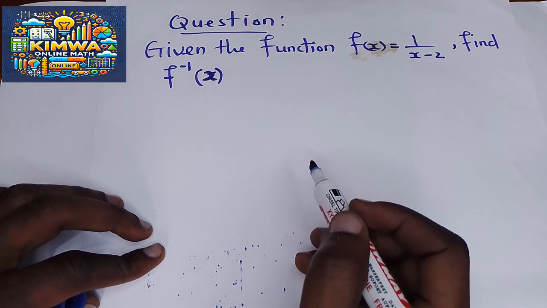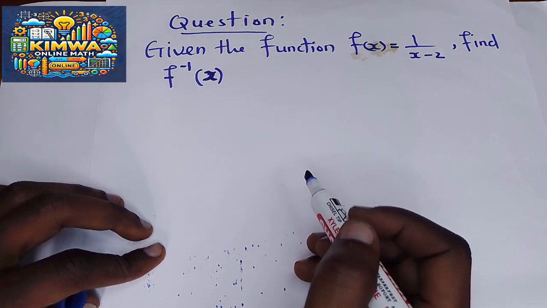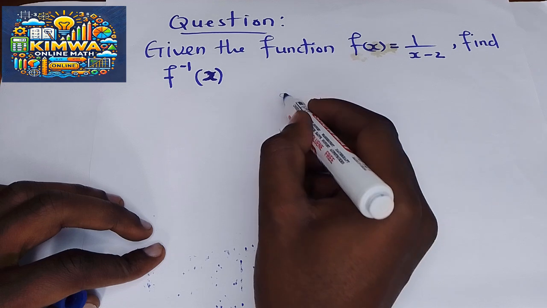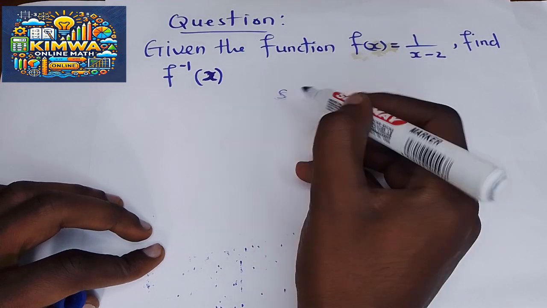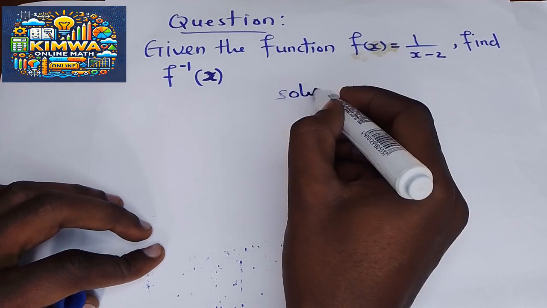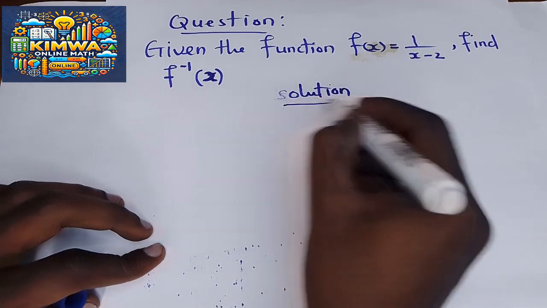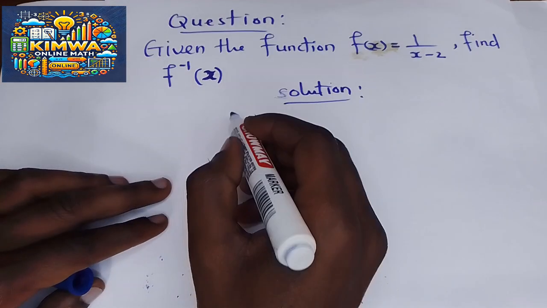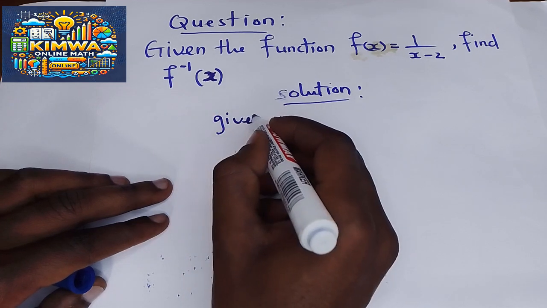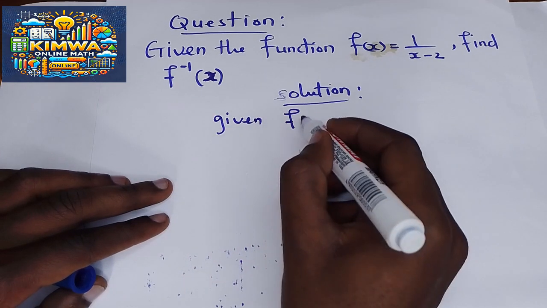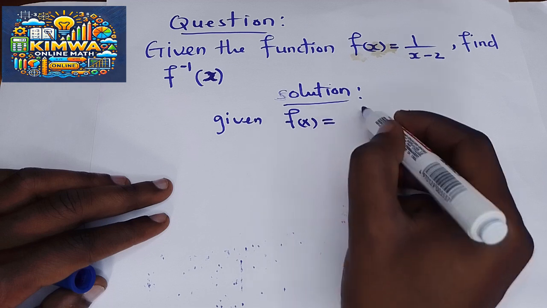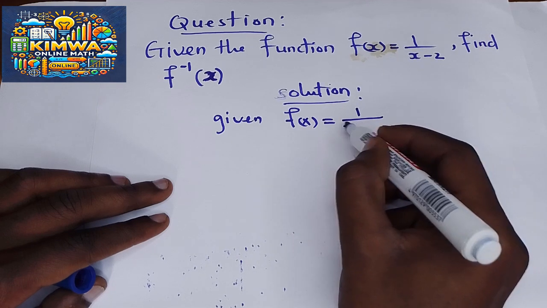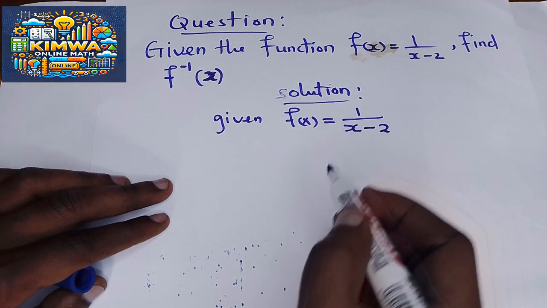So now let us see how we can attempt this question. Now we start our solution. As you can see, we are given f of x equal to 1 over x minus 2.